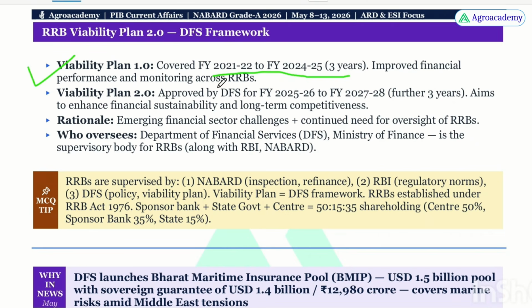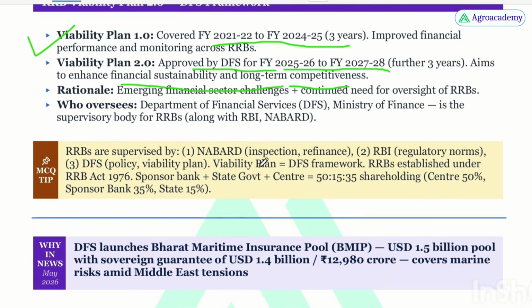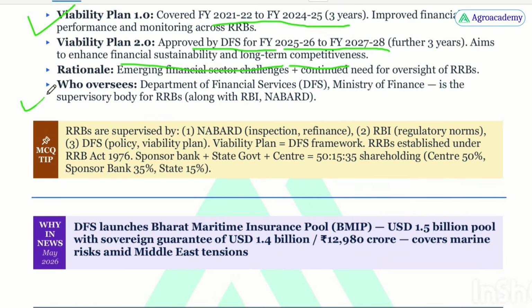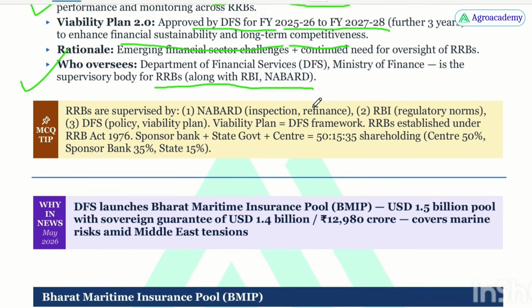Then 2.0 has been approved by DFS for the next 3 years, 2025-26 to 2027-28, which aims to enhance financial sustainability and long-term competitiveness. Who will oversee this matter? The DFS, Department of Financial Services, Ministry of Finance, along with the RBI as supervisory body and NABARD.